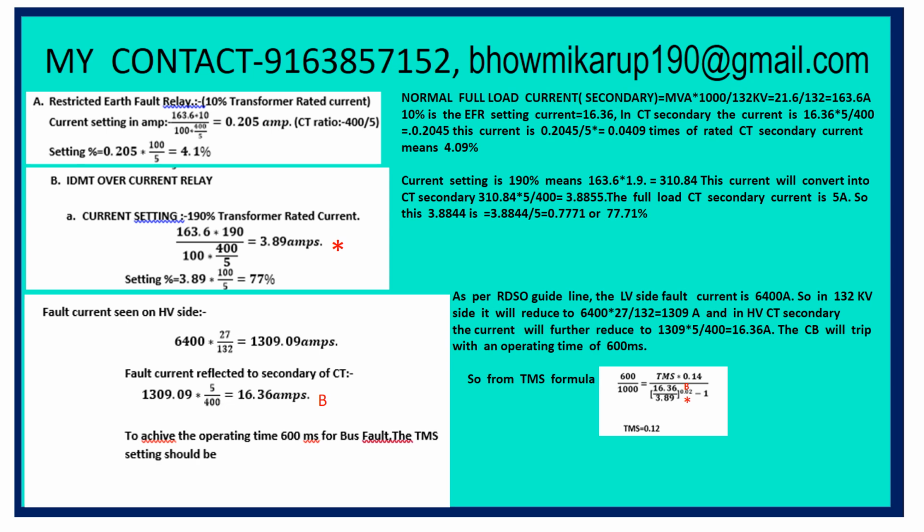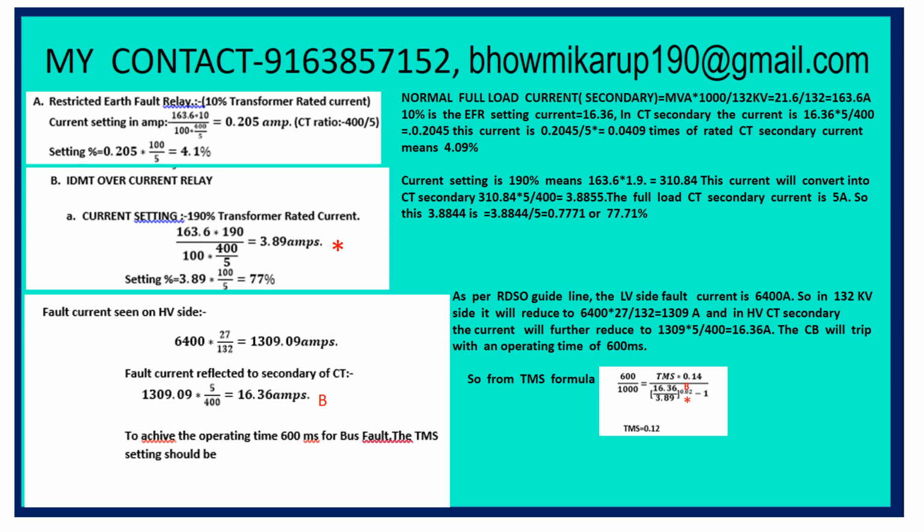Now we have to find out the time setting multiplier, TMS, time multiplier setting. As per RDSO guideline, the LV side fault current is 6400 ampere, meaning on the 27 kV side. But we are calculating for the 132 kV side, the HV side. So you convert this current to the 132 kV side.